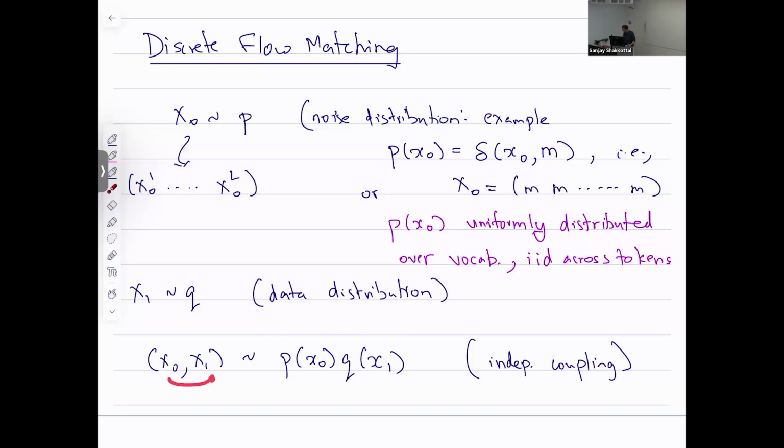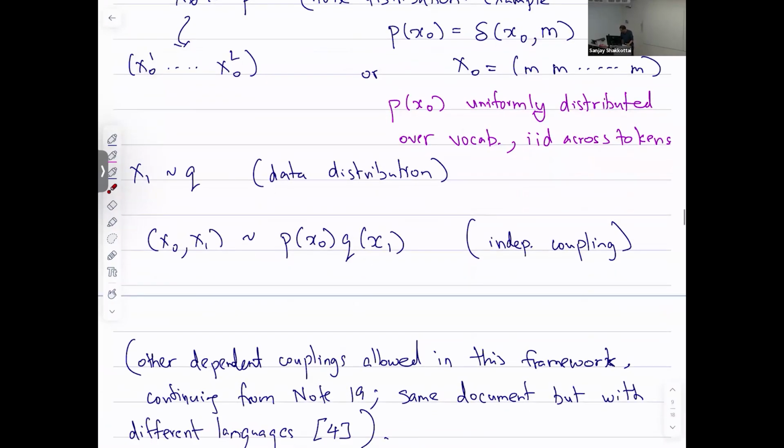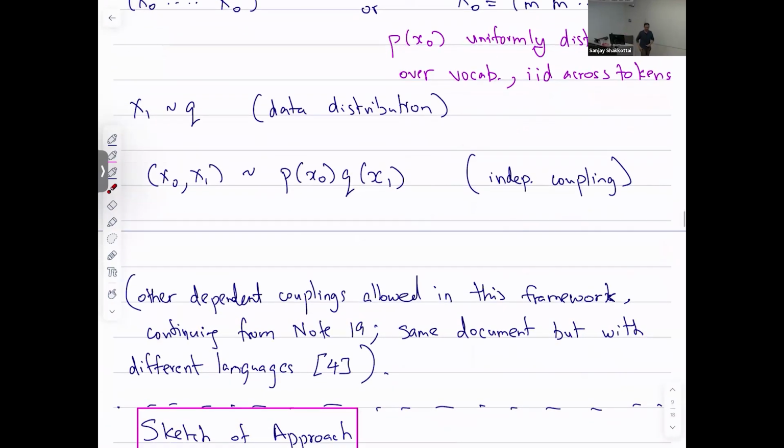And then we can take X0, X1 as an independent coupling, meaning the joint distribution of the two endpoints could be simply the product form: pick a noise sample at random, pick a data sequence of tokens at random, and couple between those two. Though there are other couplings you could do. For example, X0 could be the token sequence in French, X1 could be the token sequence in English, and you could find a path to couple between those. Okay, it's an L-length token sequence.